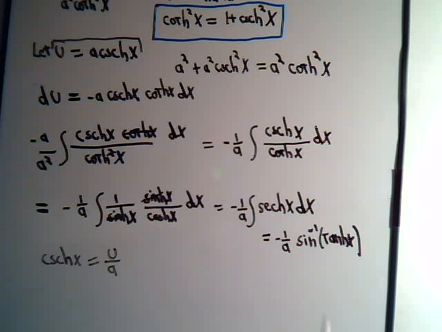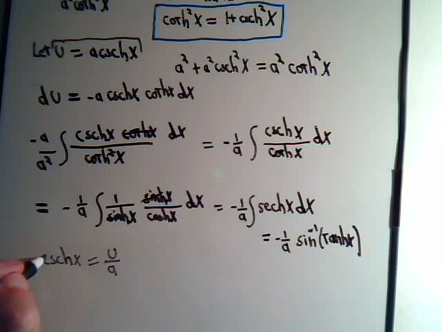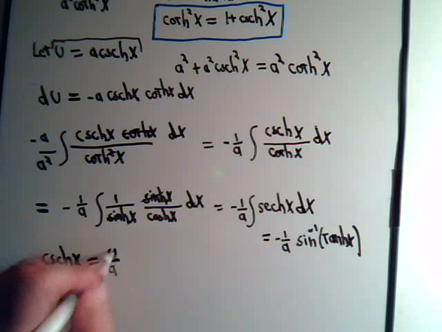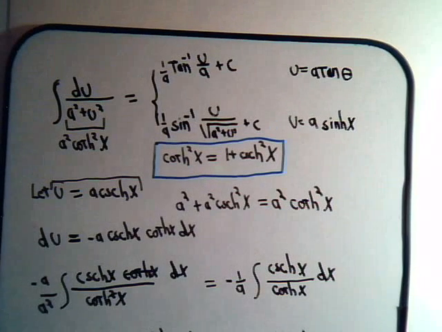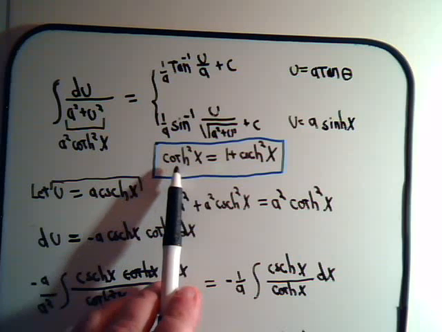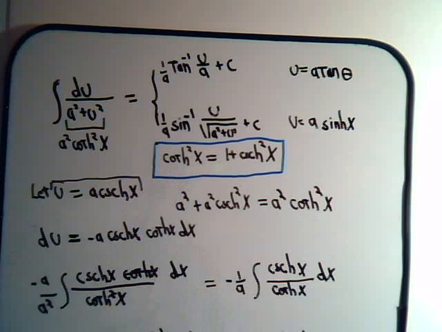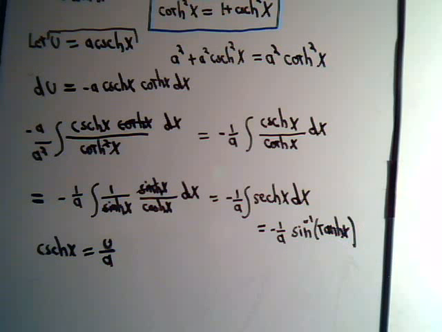But we need to find out what it is for the hyperbolic tangent of x. If we know it for the hyperbolic cosecant of x, then we should be able to determine it for the hyperbolic cotangent of x, take the reciprocal of that, and then we should have it for the hyperbolic tangent of x.